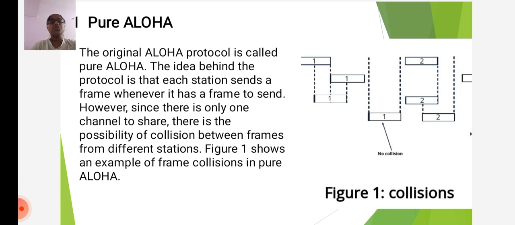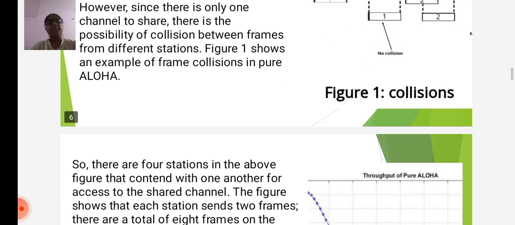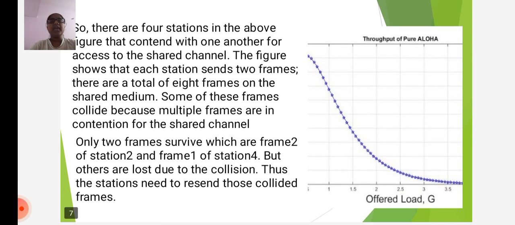Figure 1 shows an example of frame collisions in pure ALOHA. So this is Figure 1, which shows the collisions occurring in pure ALOHA. There are four stations in the figure that contend with each other for access to the shared channel. The figure shows that each station sends two frames. There are a total of 8 frames on the shared medium.